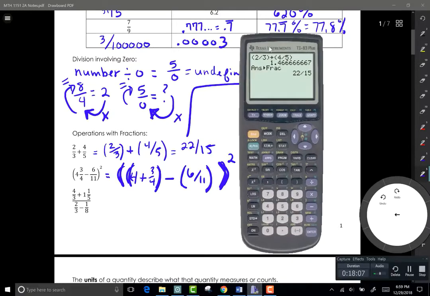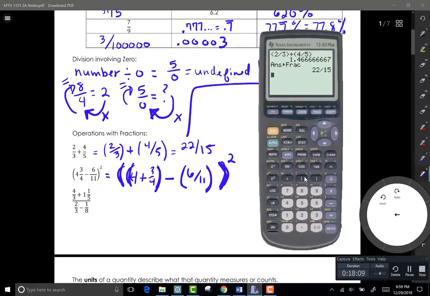So this is how we have to put it in on the calculator. So parentheses, and then another parentheses. 4 plus 3 divided by 4, close parentheses, minus 6 divided by 11, close parentheses, and then my second set of parentheses that closes the whole thing, and then I'm going to square it. Now, to raise something to a power, you can hit this little button that looks like an arrow right above your division sign. I'm going to hit that and then hit squared.